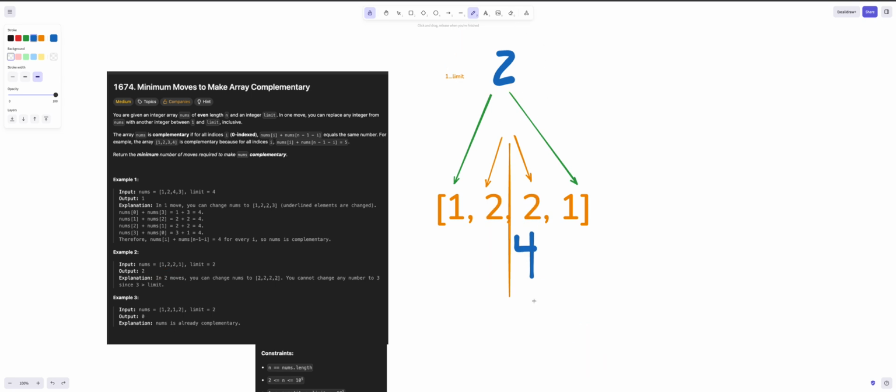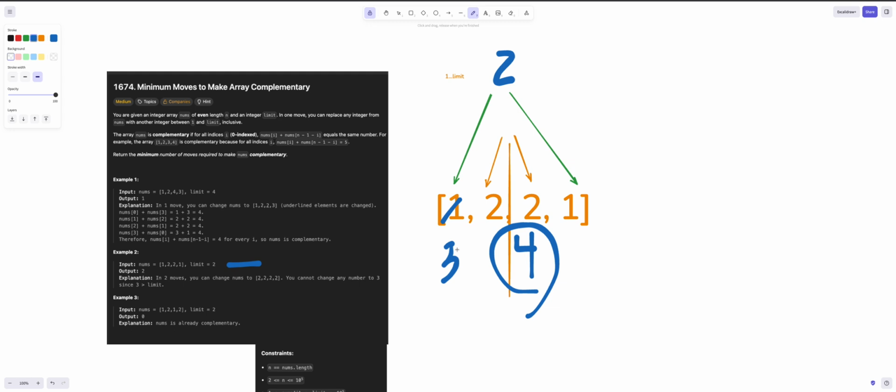What if we take our target as 4? With the same approach, we can definitely change the number into 3. Why? Because the limit here is 2. So we have a limit from 1 to 2, so we can only replace any index of the array with 1 or 2.